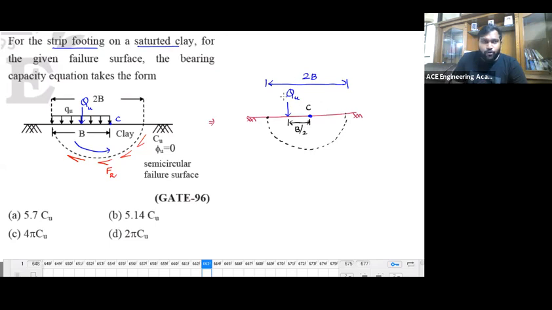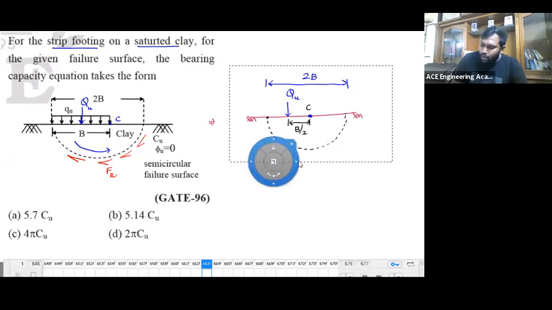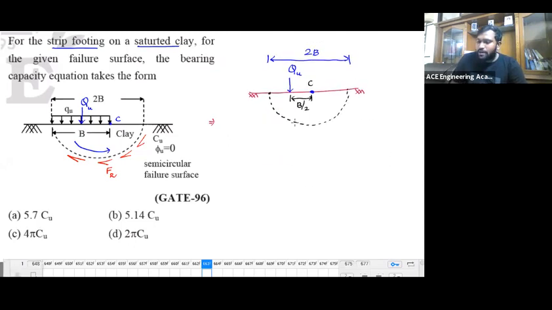Now, who is going to cause a moment over here? Who is going to cause the moment? The load acting on the ground level, the load of the footing, is going to cause the rotation, and the resisting force, from the center anywhere, it's nothing but radius.